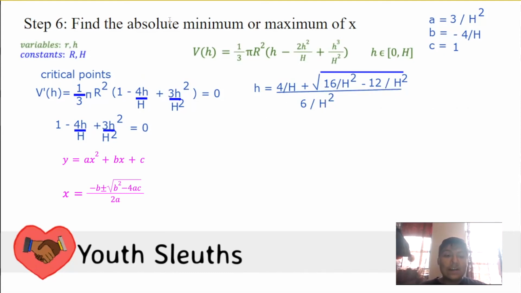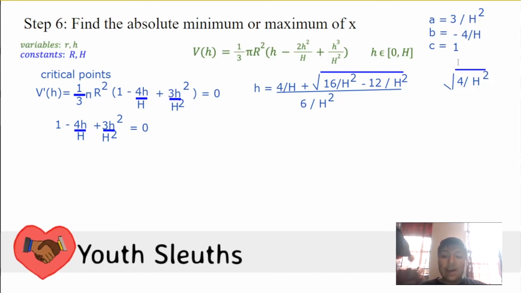So we begin by first simplifying our square root. If we notice here, these two both have the same denominator, which is big H squared. So we could just subtract the numerators. So we have the square root of 4 divided by big H squared.